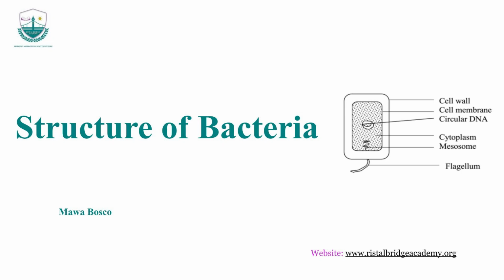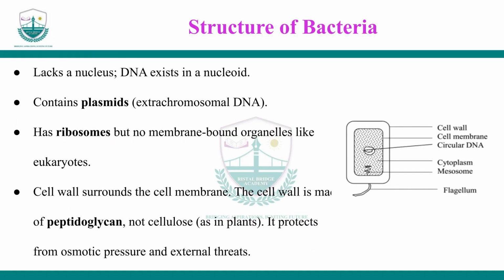So let's look at the structure. The bacteria, like I said, lack a nucleus, and their DNA is basically located in the cytoplasm, in an area which is darker because it is concentrated.